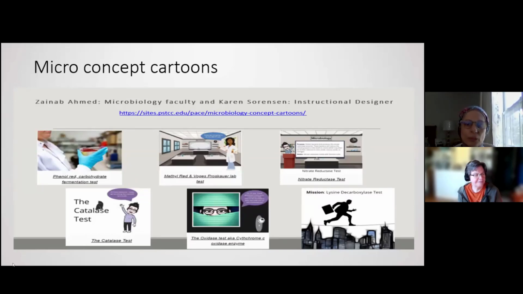These are our 6 micro concept cartoons slides. You can see that each slide has a different story about a certain experiment. Each time, Karen and I talk about how we build these slides and what cartoon character we want to use to motivate student thinking and to create engaging environments.